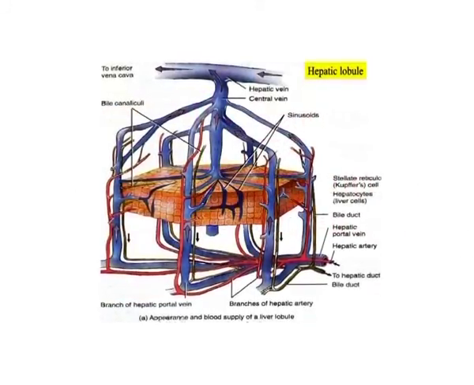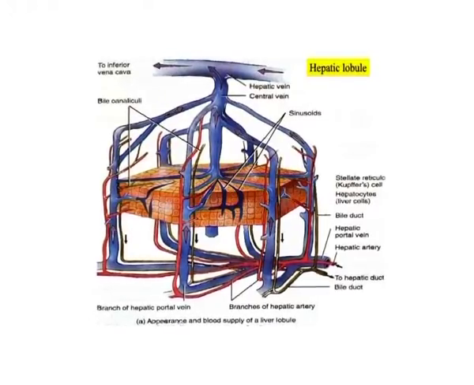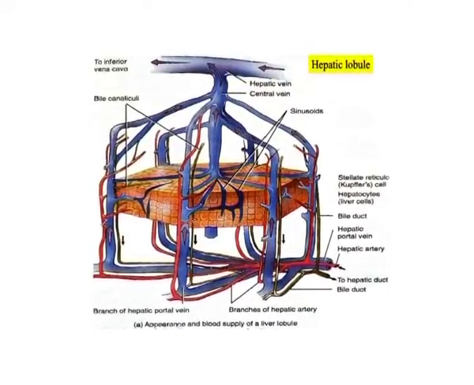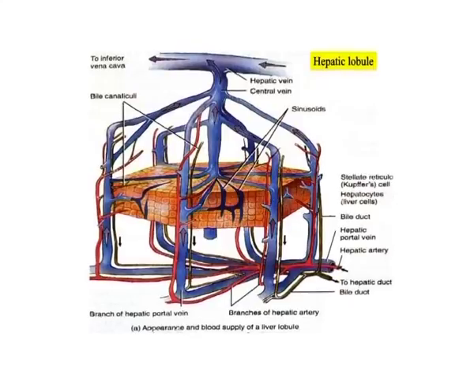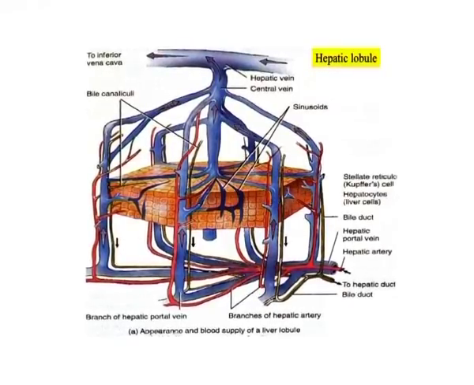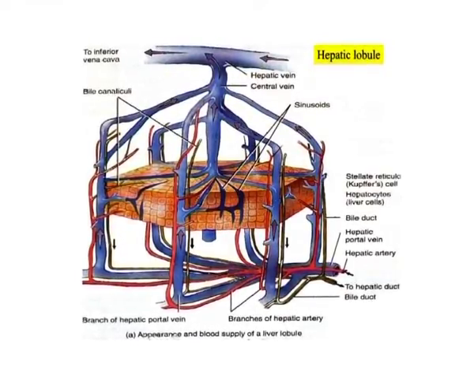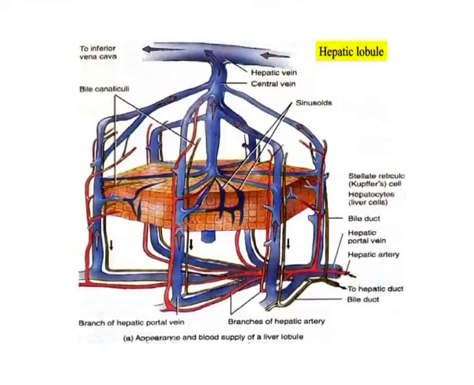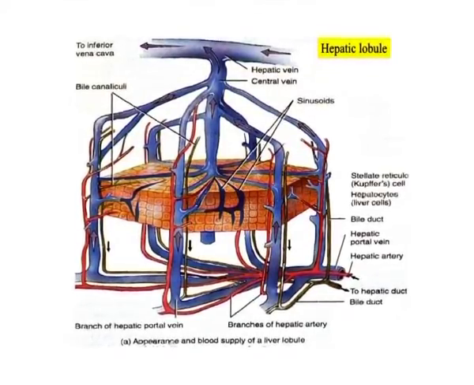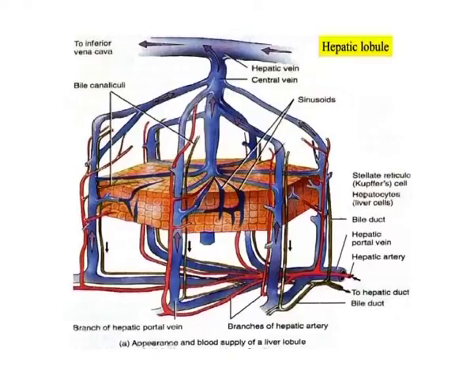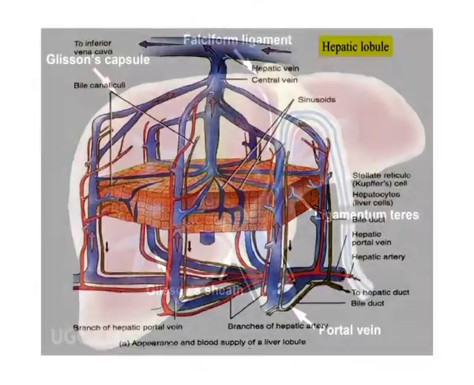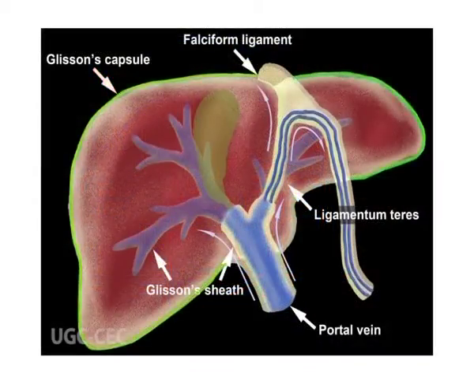Internally, the structural and functional units of the liver are the hepatic lobules containing hepatic cells arranged in the form of cords. Each lobule is covered by a thin connective tissue sheet known as the Glisson's capsule. The Glisson's capsule is the characteristic feature of the mammalian liver.